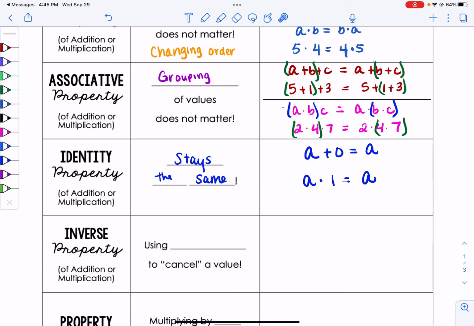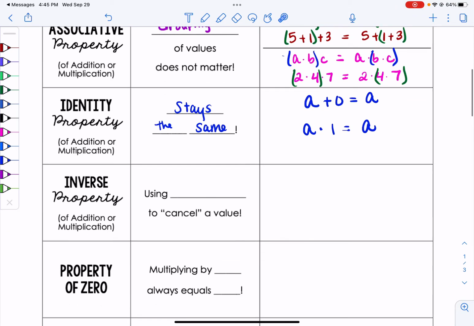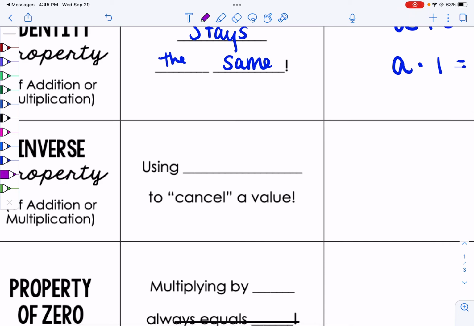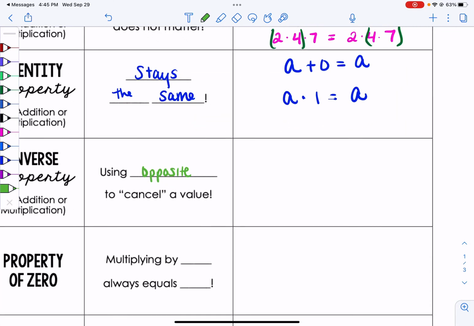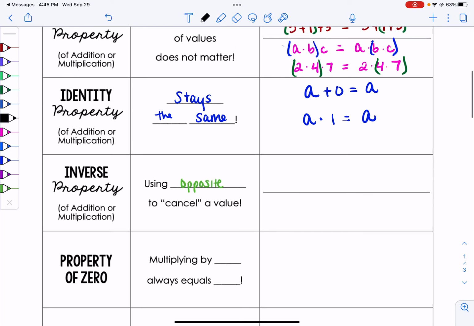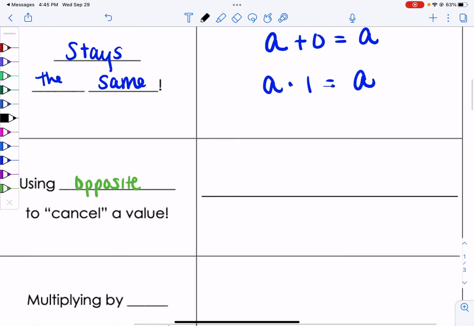The inverse property of addition or multiplication. When I have this, I'm simply using the opposite to cancel out a value. I have a few examples. I can have the additive inverse or the multiplicative inverse.